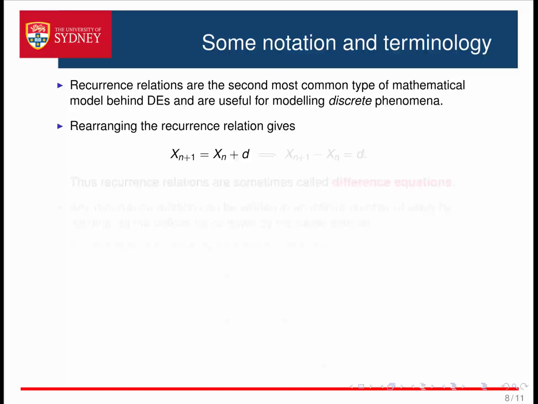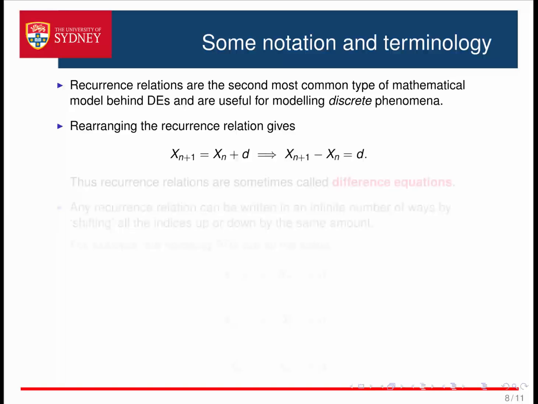Now, going back to our club membership model, imagine that D extra people join our club each week. The recurrence relation for this would be x_{n+1} equals x_n plus D. But this is not the only way of writing down this relationship.